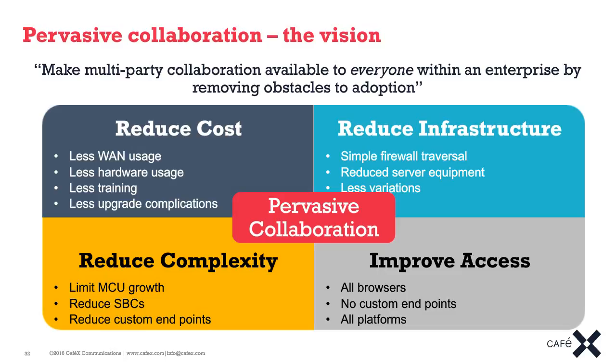The fingertips of the solution should reach down to the level that you want, to every employee that you need to enable with video-based collaboration. But also simplifying the solution to make sure that it's easy to deploy. And you can't do one without the other. You really need to be able to pervade the entire enterprise without breaking the bank or causing a lot of impedance in terms of getting that solution rolled out.